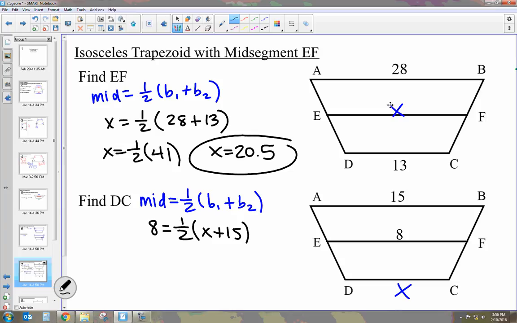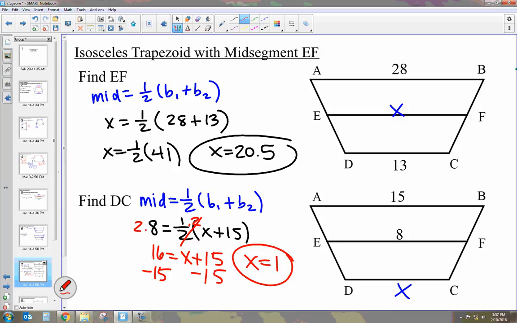Now it could be 15 plus x, it doesn't matter. We're adding, so you can put it either way. So now I'm going to get rid of this fraction first by multiplying by 2 on both sides. So I get 16 equals, and that cancels, x plus 15. I always like to get rid of that fraction first because I don't have to deal with any more fractions or decimals after that.